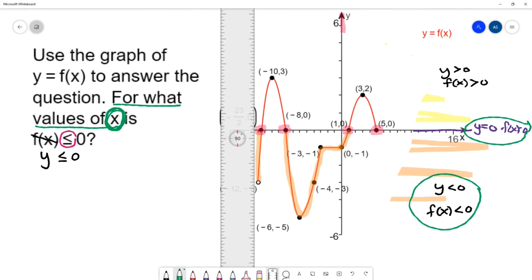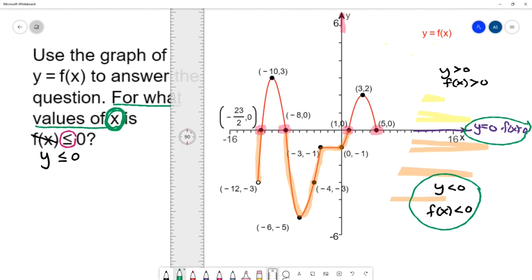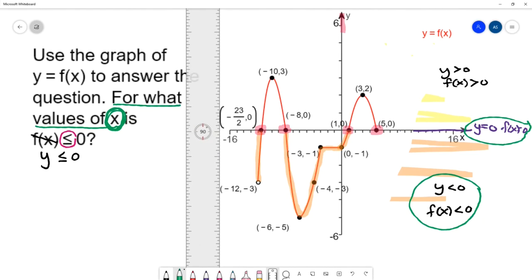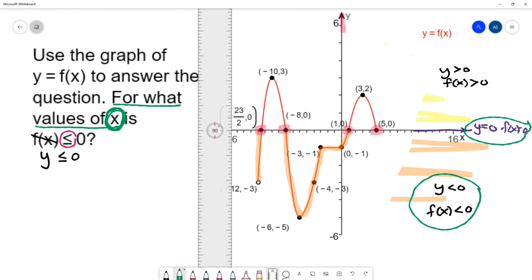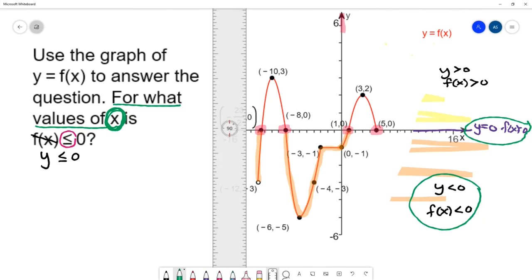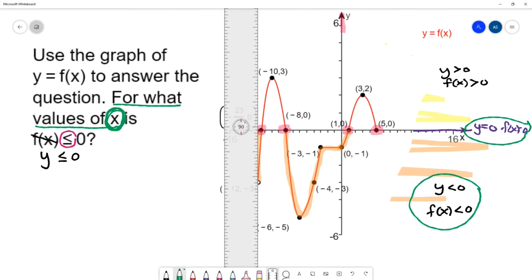So the first x that I have highlighted that I reach, when I say first, I mean lowest. When we use interval notation, we always write the lower number first, then the higher number. So the first or lowest x value that I get to will be using this point right here.